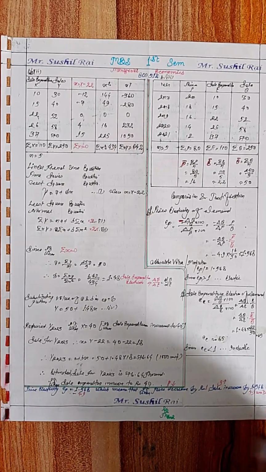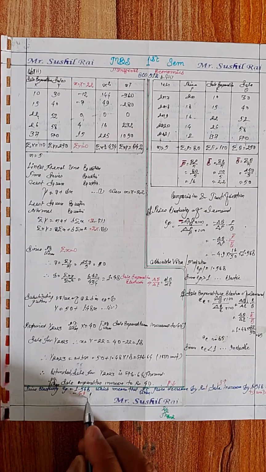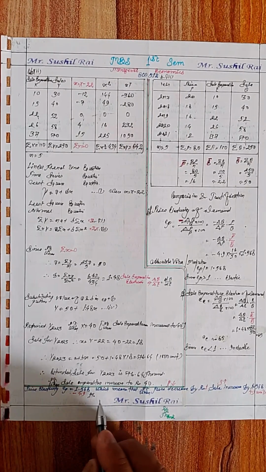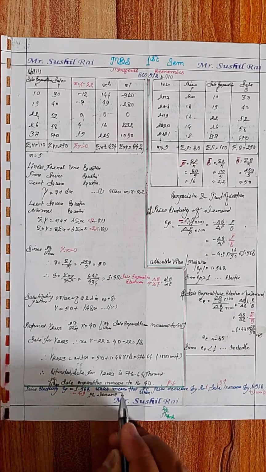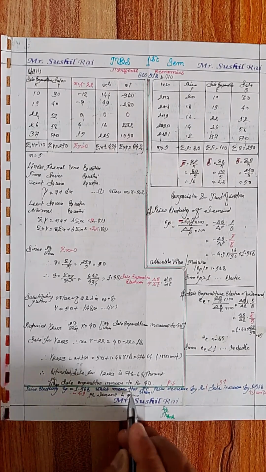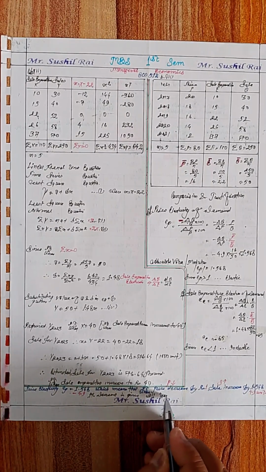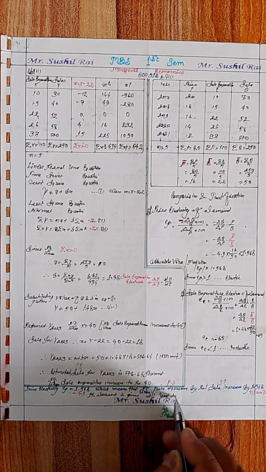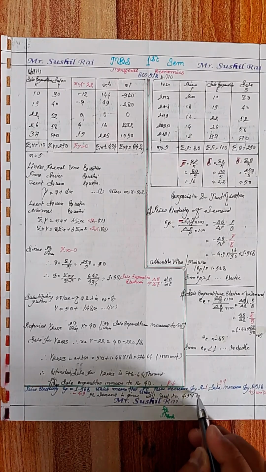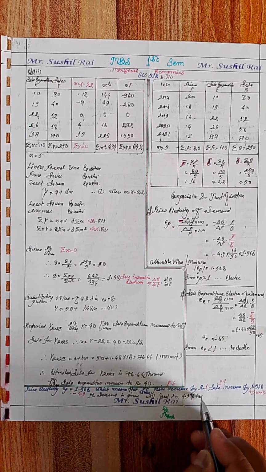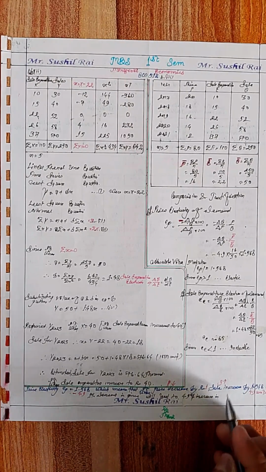A 1% decrease in price will lead to a 4.9 percentage increase in quantity demanded.